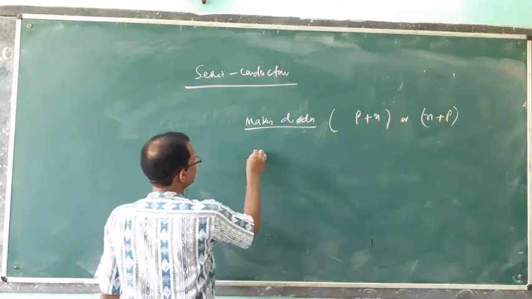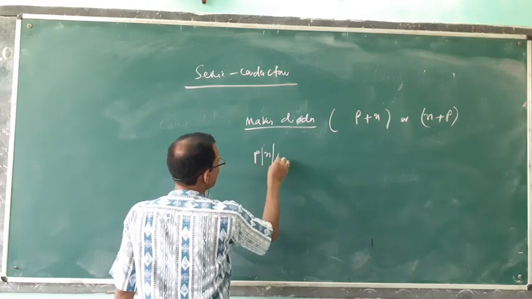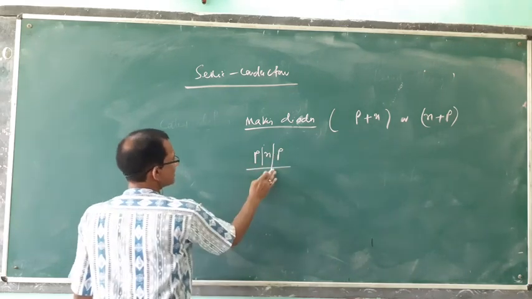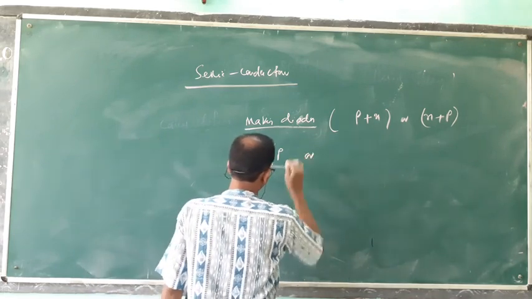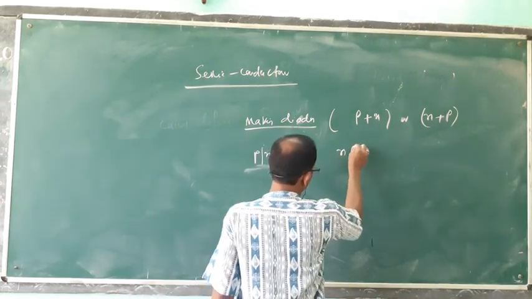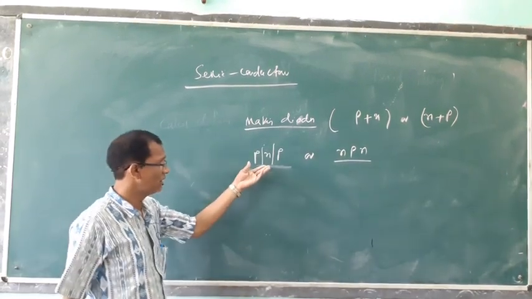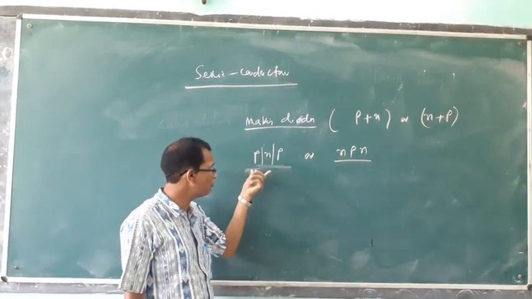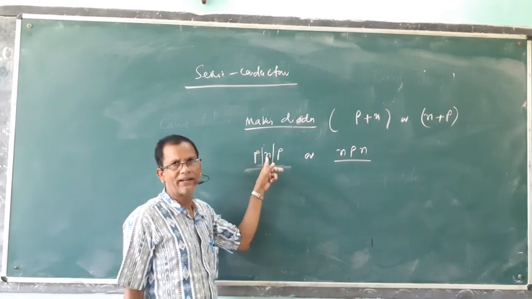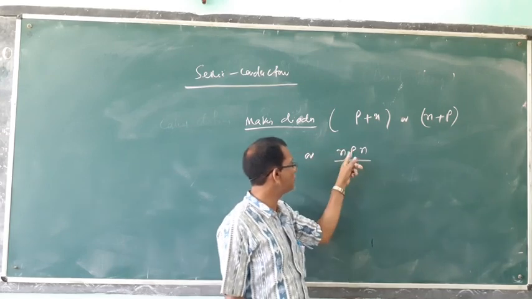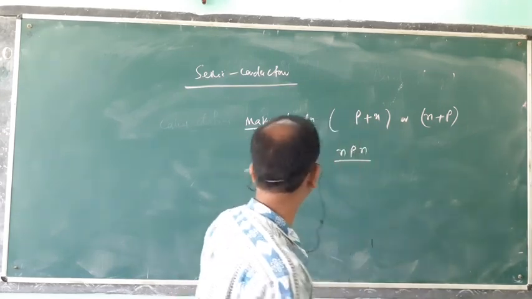Similarly, if you form PNP or NPN, that means you just sandwich one N type between two P type, or one P type between two N type, then you will form what is this?